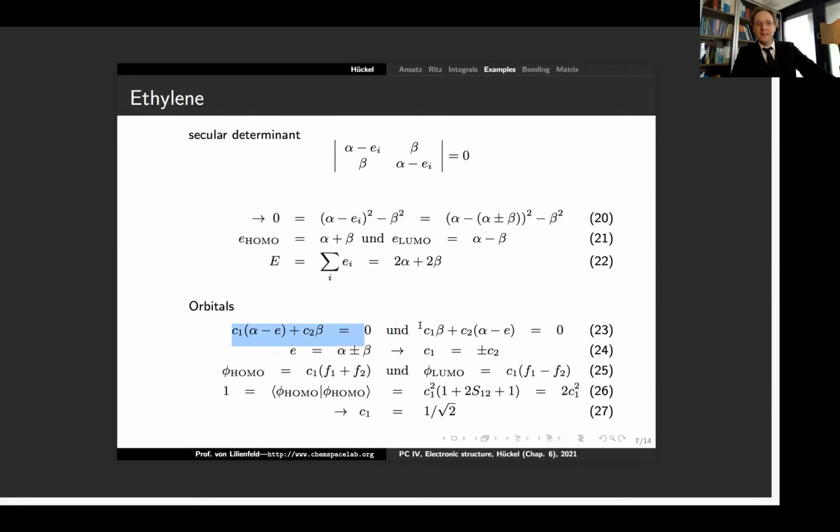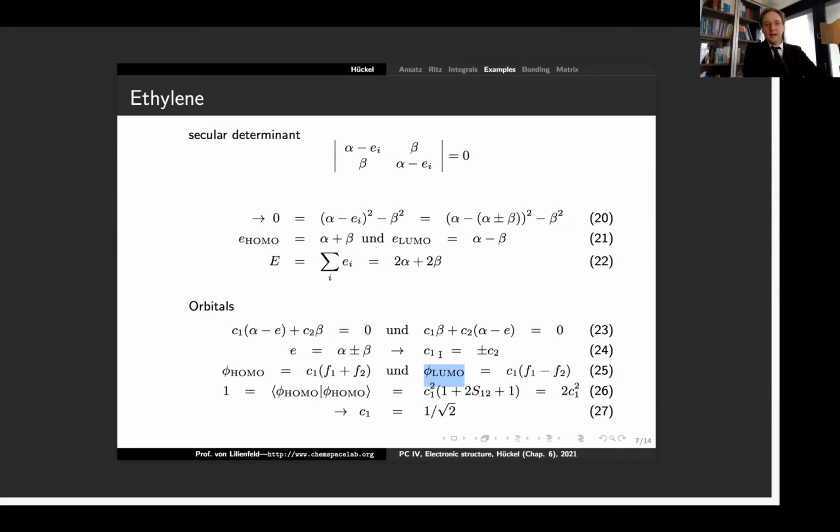For ethylene, and then you can insert your eigenvalues here, and you can solve for your coefficients. Okay, and so you find then for every eigenvalue, of course, you need to find a set of coefficients, right? So every eigenvalue has its own molecular orbital that's associated to it. So in this case, we have only 2 orbitals. One will be the HOMO, occupied by 2 electrons, and the other one will be the LUMO.